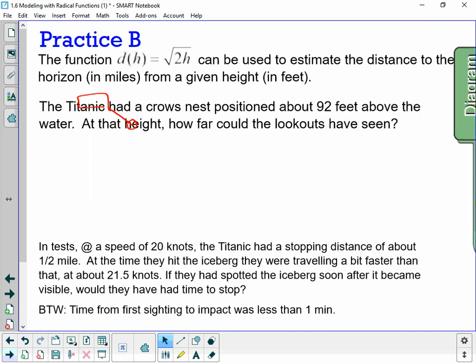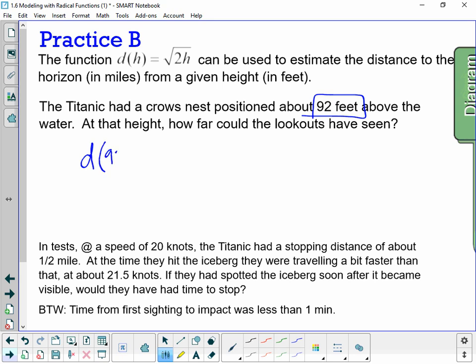So, how far could a sailor potentially see? So, let's see. We want to know at a height of 92 feet. So the distance to the horizon from a height of 92 feet is equal to the square root of 2 times 92.